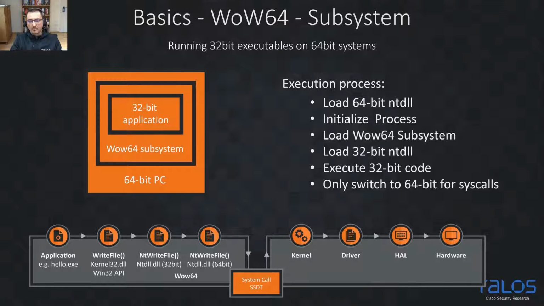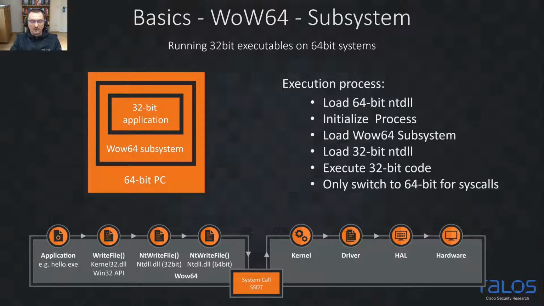The whole process works like you can see here on the right-hand side. First of all, the common 64-bit NTDLL is loaded into the process space. Then the process is initialized, but then the WoW64 subsystem is loaded, and then a 32-bit NTDLL version is additionally loaded into the process space.